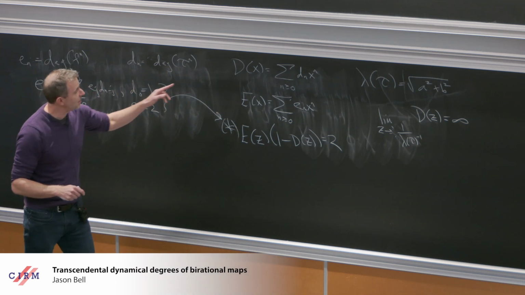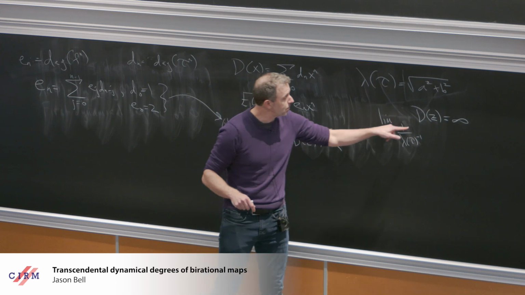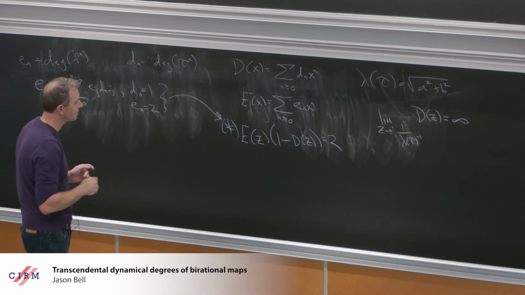So I know that 1 over the dynamical degree is the radius of convergence, and as I approach that from the left, I know that it diverges. Okay, that's just an exercise.